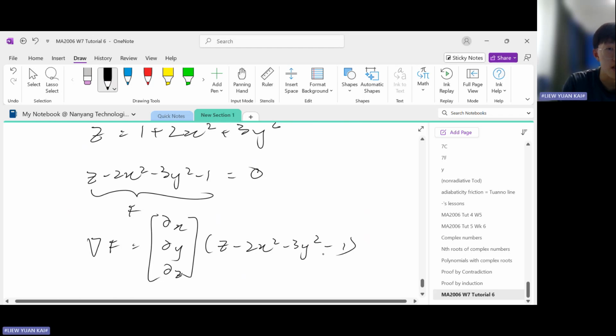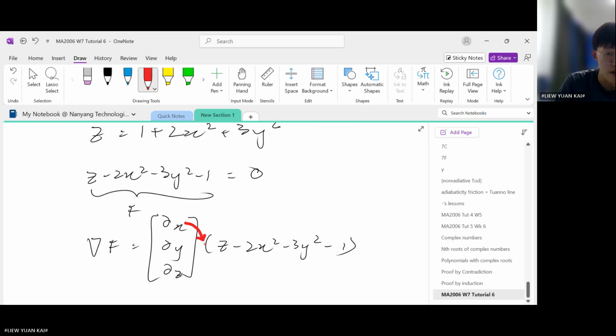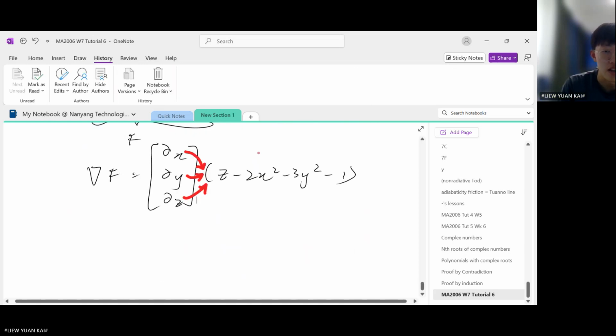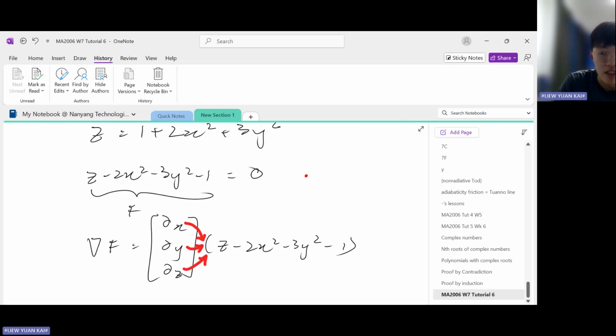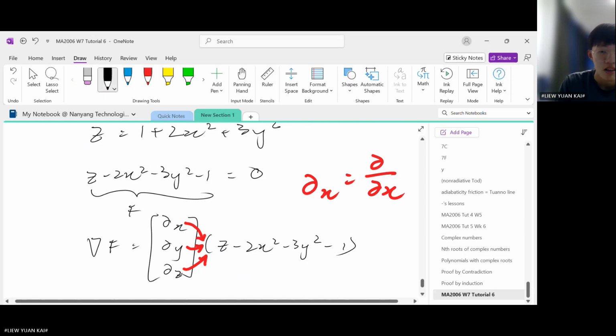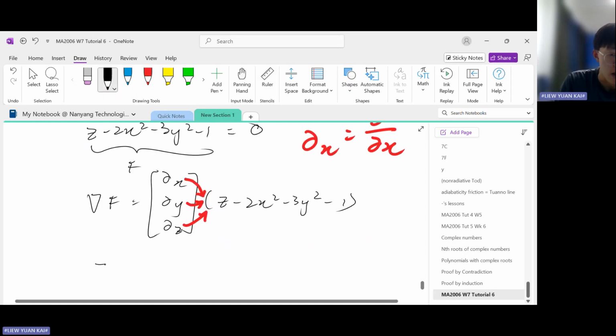How do we deal with this? We just treat it as scalar multiplication. So I apply this differentiation here, this differentiation here, this differentiation here. Again, recap, this is a short form for this. Just a reminder. So let's go ahead and do that.